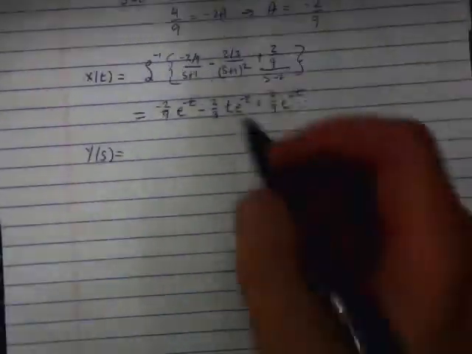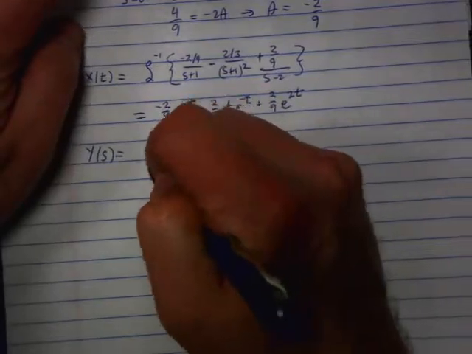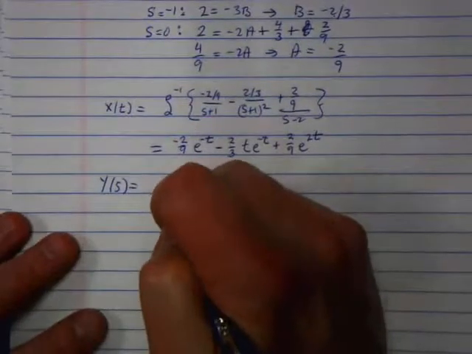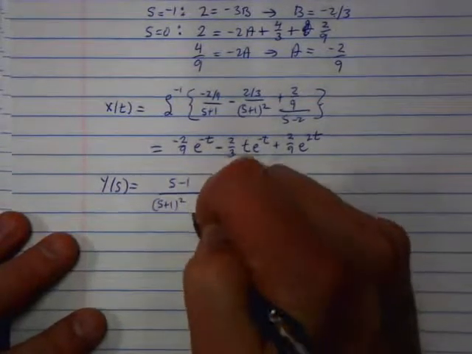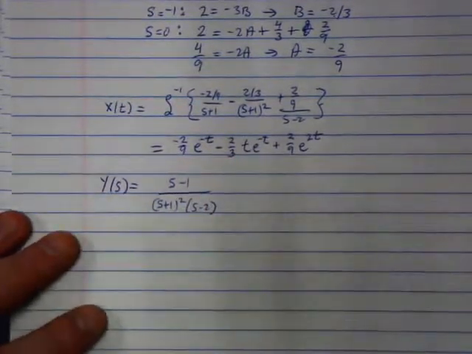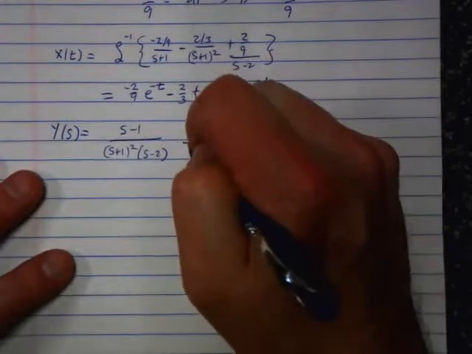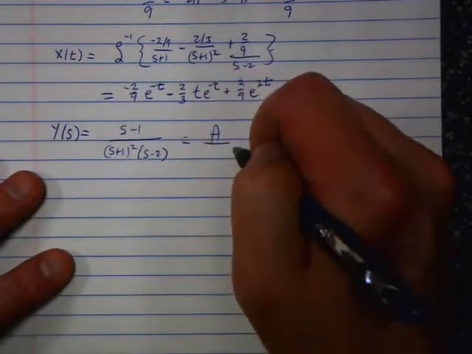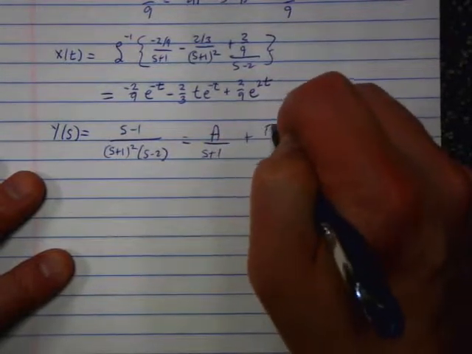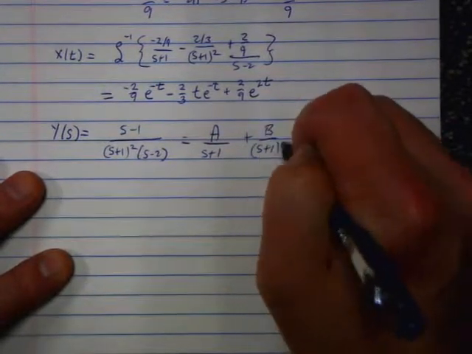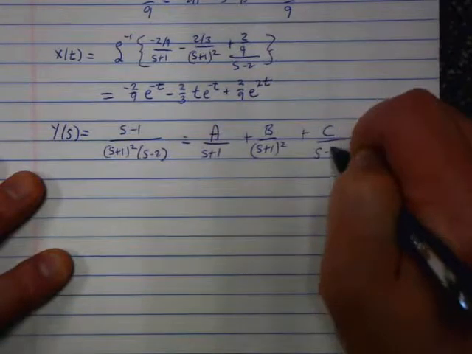S minus 1 over that same denominator. S plus 1 squared times s minus 2. Exact same partial fraction decomposition: a over s plus 1, b over s plus 1 squared, c over s minus 2.